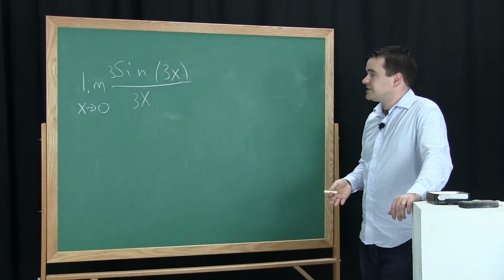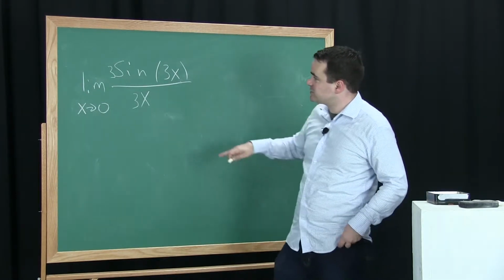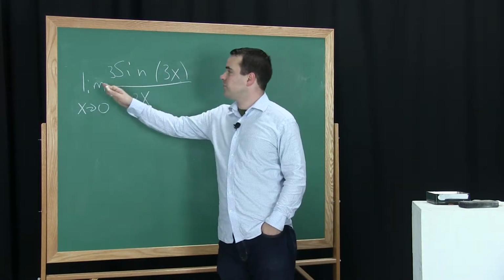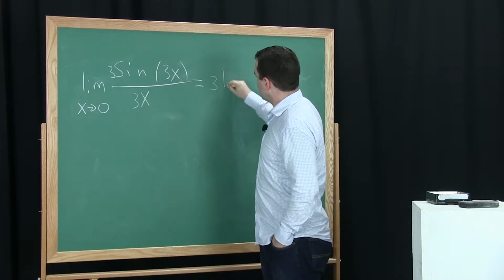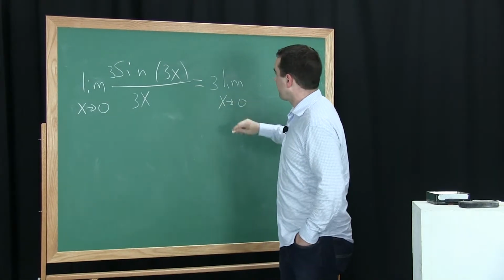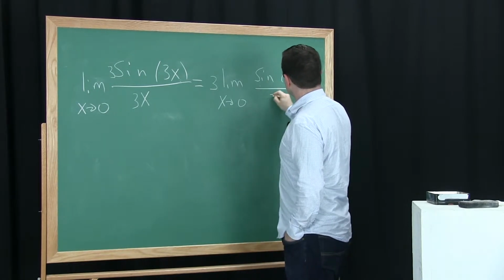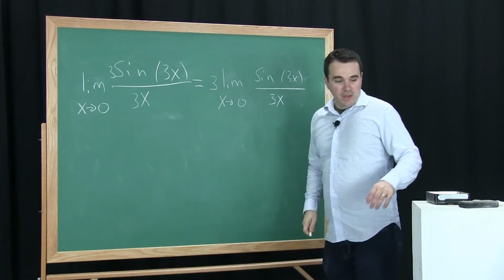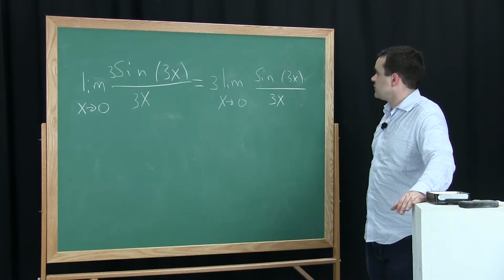Now I'm computing that same limit, but this time it's easier to recognize. The next thing I'm going to do is use that constant multiple rule to pull out this 3. That's one of the limit laws. And so what I've got now is sine 3x over 3x.